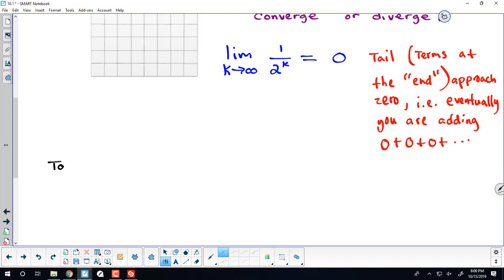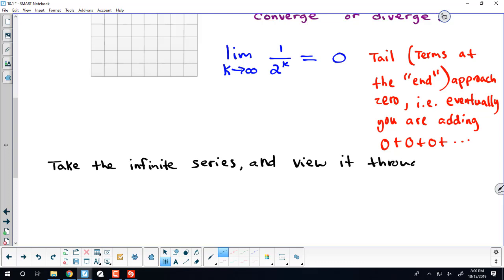We're going to take the infinite series and view it through the lens of a sequence.